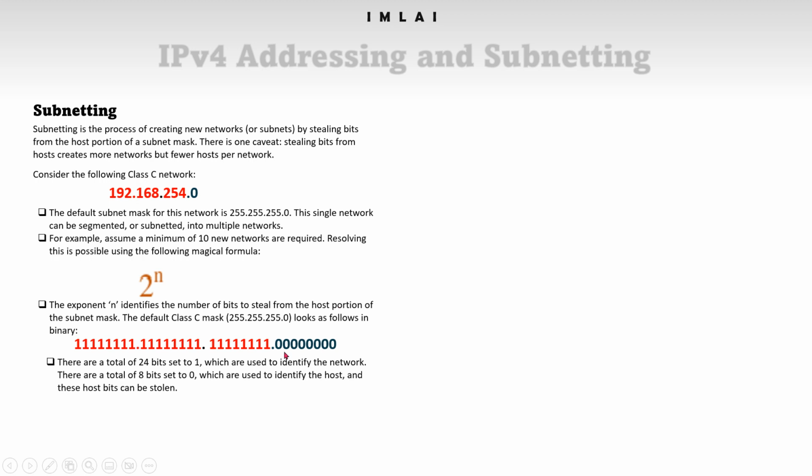What you can do is replace a few of these zeros with 1. When a 0 is converted to 1, that bit becomes a bit which defines the network. Remember, network bits in a subnet mask must always be contiguous. Skipping bits is not allowed.